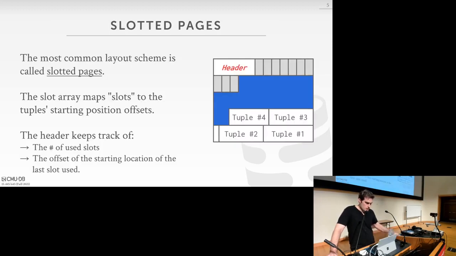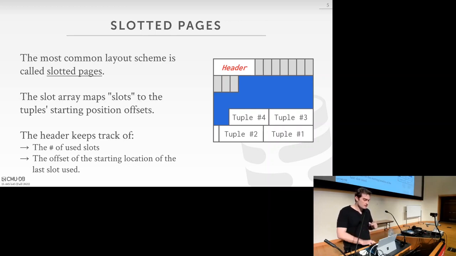So just to recap some topics we talked about last time, the idea of slotted pages is a common layout scheme in database systems where we're going to map individual tuples in a page to these slots.